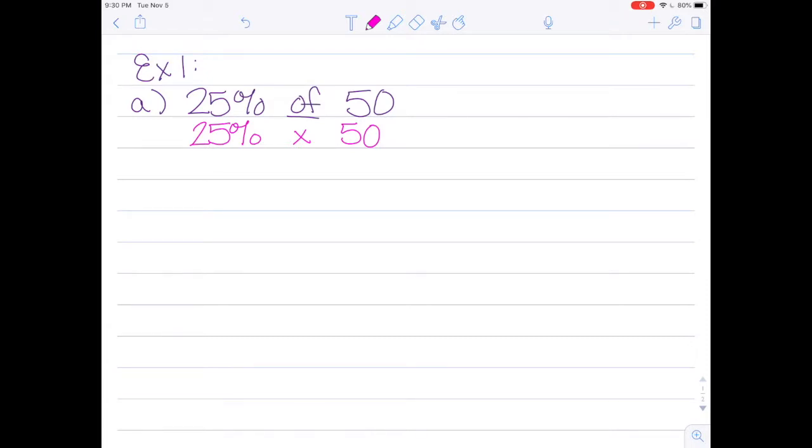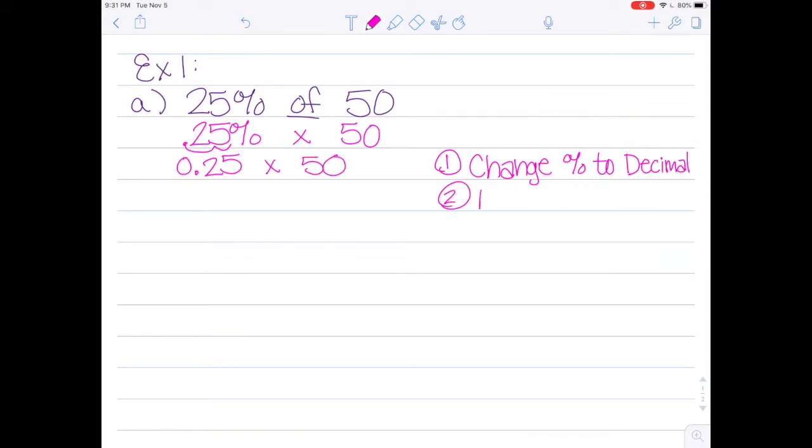When we are multiplying percents, step 1, change percent to decimal. Whenever you are multiplying percents, change the percent to a decimal. That's the first step. We do that by moving the decimal over 2 spaces. So this is 0.25 times 50.